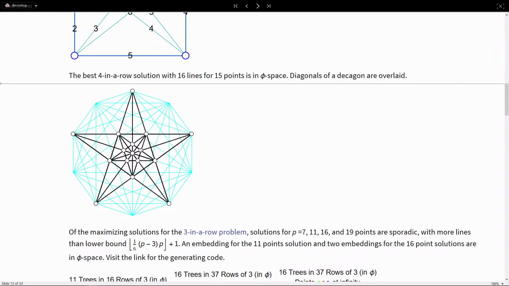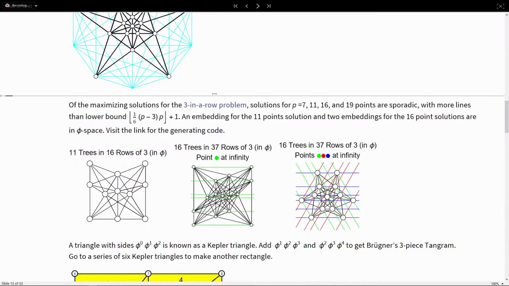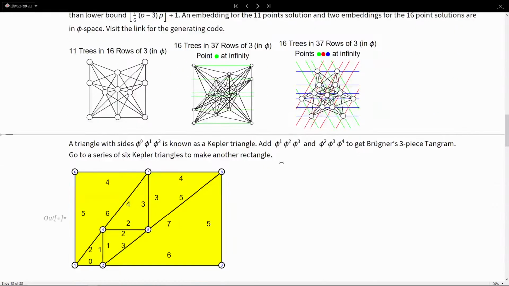And all the vertices are in the root space of the golden ratio. There's also other 3-in-a-row problems which have, and that one's not working correctly. Everything is in that particular algebraic space.